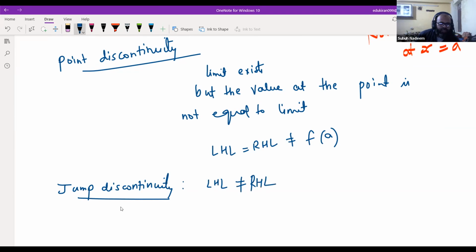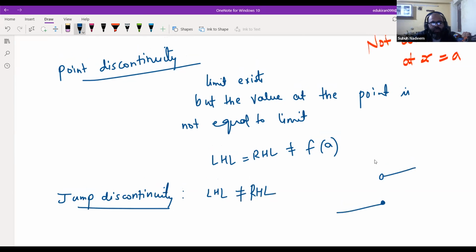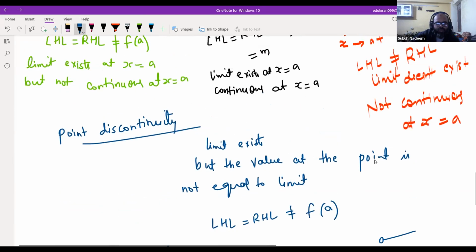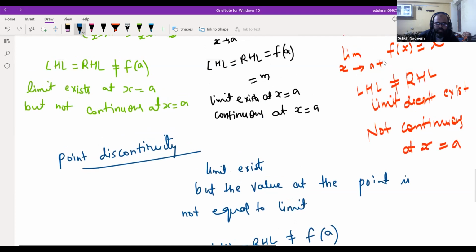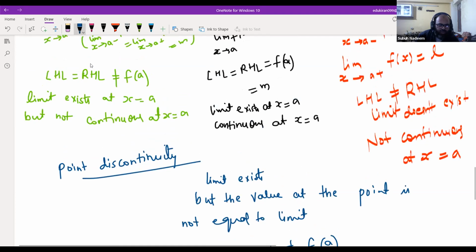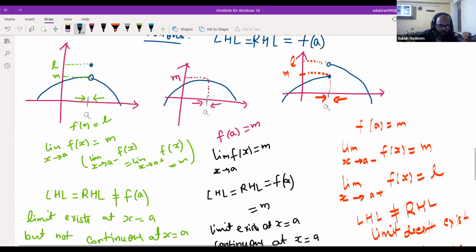And that is, there is a jump. It may be something like this here and then here. So there is a jump, as we see from the previous example. In the third one, this is a jump. In the first one, it was a point discontinuity. At this point, it was not the same. Otherwise, the limit was existing.